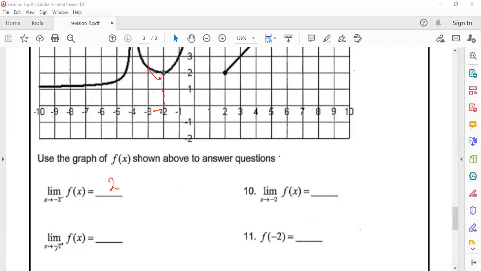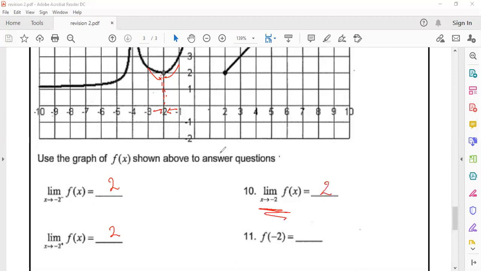Limit f of x when x approaches -2 from the right. As we approach from the right, go with the curve until I reach above -2, then take the value of y, it will be 2. Since the behavior from the left is the same as the behavior from the right, the limit of f of x when x approaches -2 exists, and it will be 2.